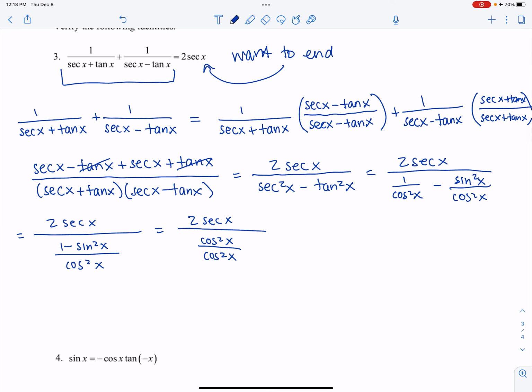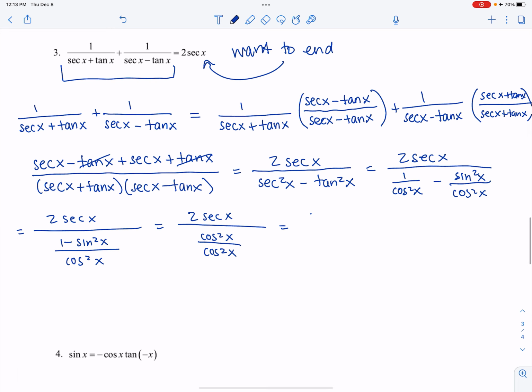So now we have cosine squared over cosine squared, which is just 1. So our answer is 2 secant x. And that's what we wanted. So really I shouldn't have boxed this. I'm going to put a check mark because that did in fact verify that this identity is factual.